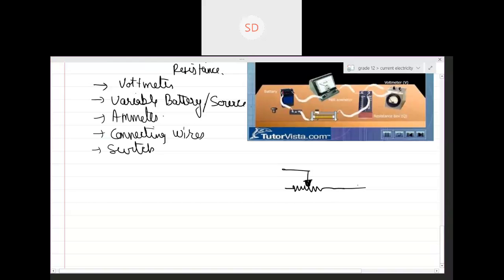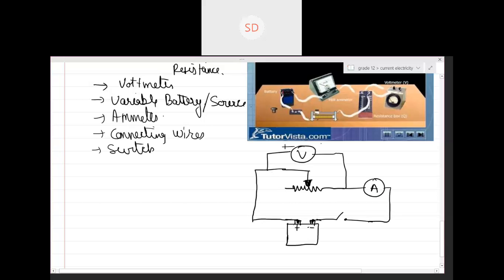You have connected it across a variable battery. This is your variable battery. Suppose this is your positive. Then there is a switch, there is an ammeter, and there is a voltmeter connected over here.